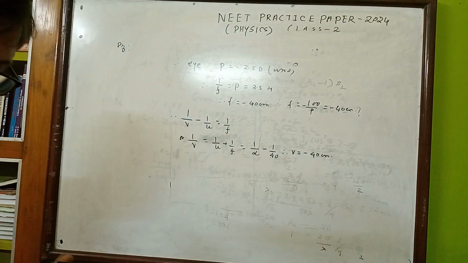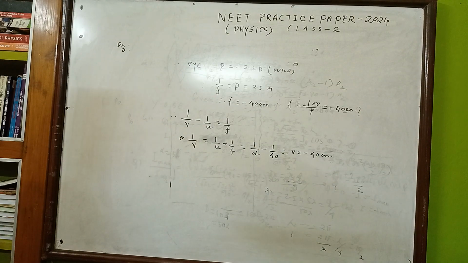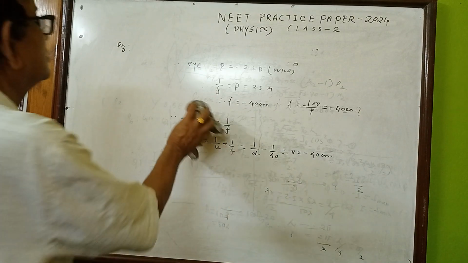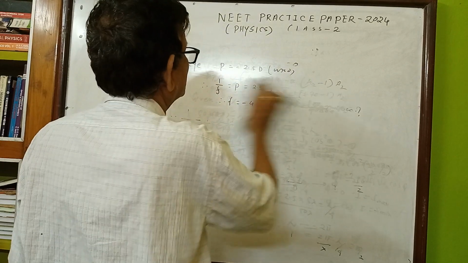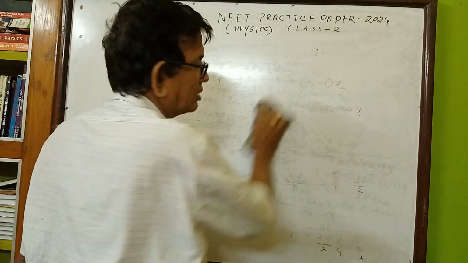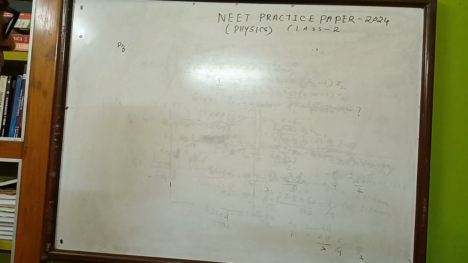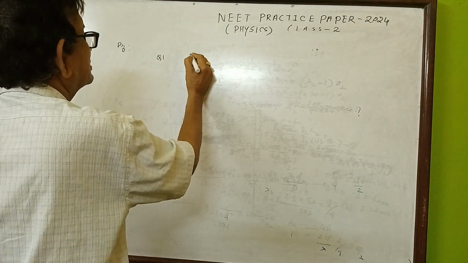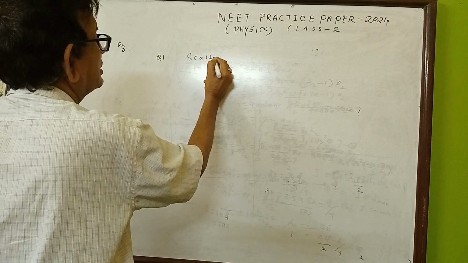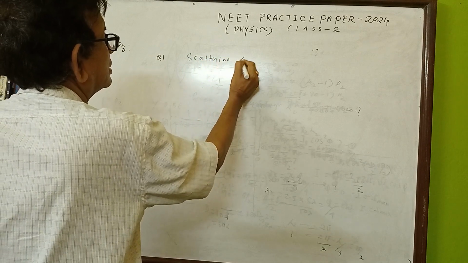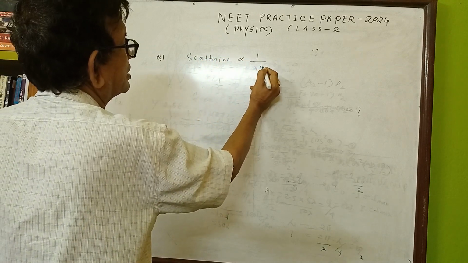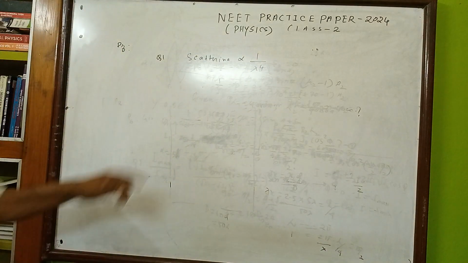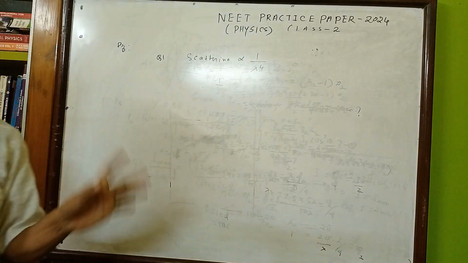Next problem I am doing, there are some general formulas. I am using the general formula, so use this general formula. First problem, question number 1, scattering of light. This is 1 by lambda to the power 4. So red color is less scattered than blue.